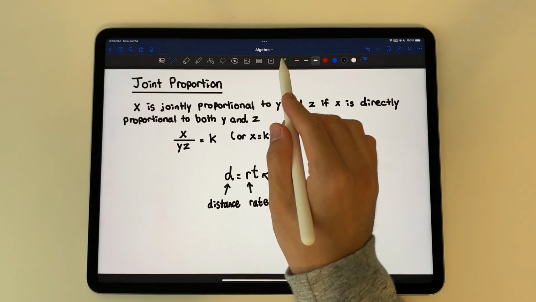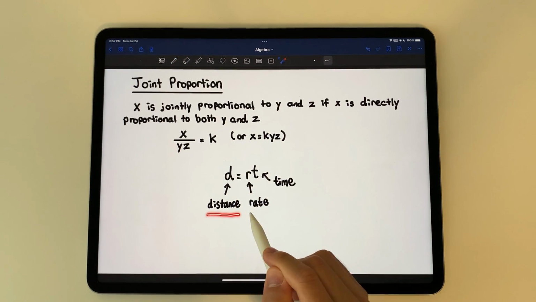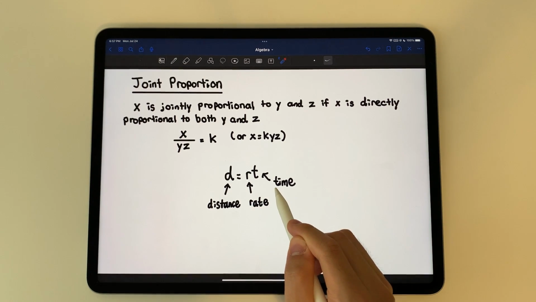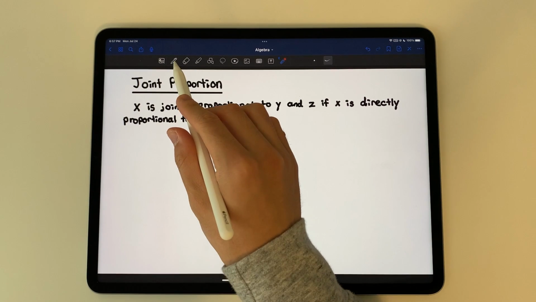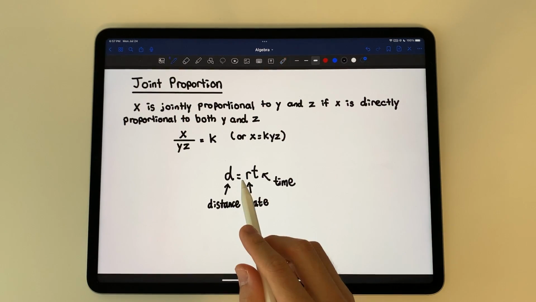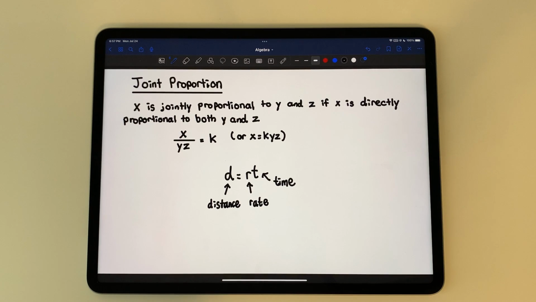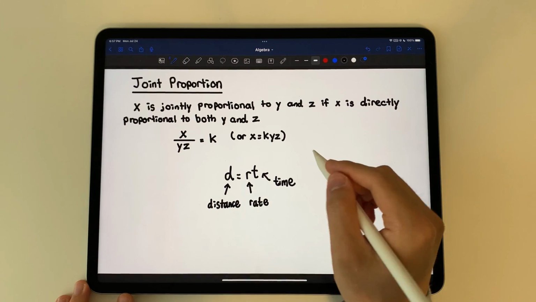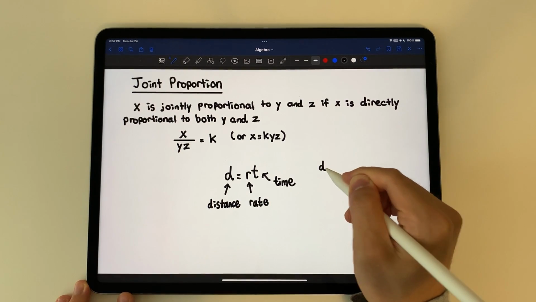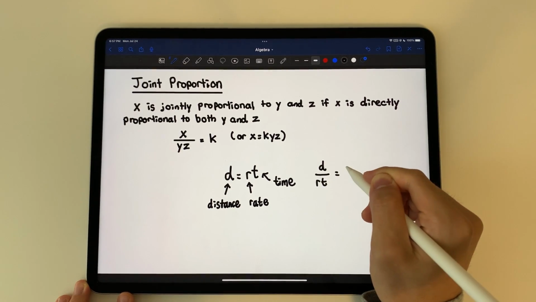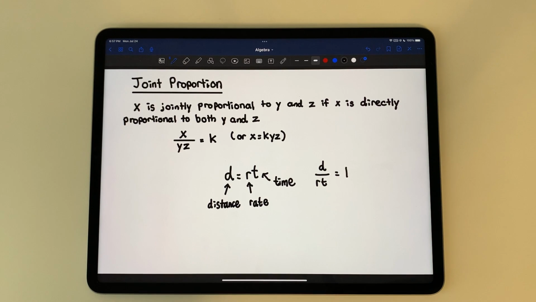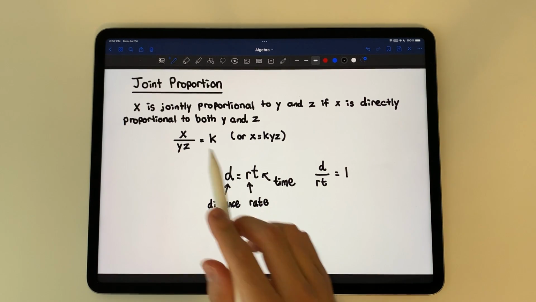We have the distance, the rate, and the time. And in case this doesn't look like this and you're a little confused, I'll just divide both sides by RT to get 1. And I hope that looks more like this.